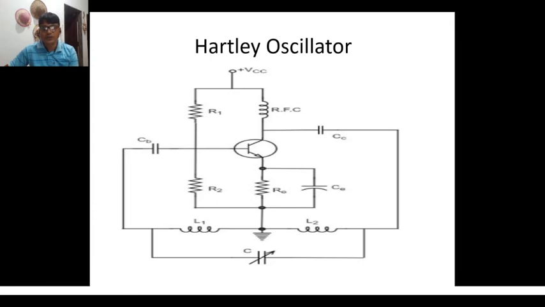Thus the total phase is 360 degrees or 0 degrees, thereby making the feedback positive, which is essential for oscillations. In this way, the energy fed back to the tank circuit is in phase with the generated oscillations. Hence, continuous undamped oscillations are obtained.